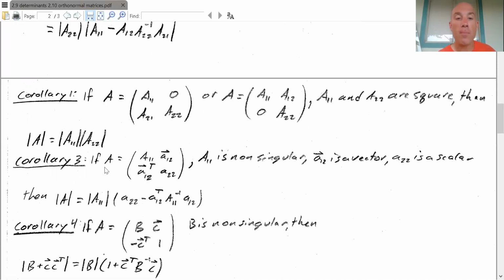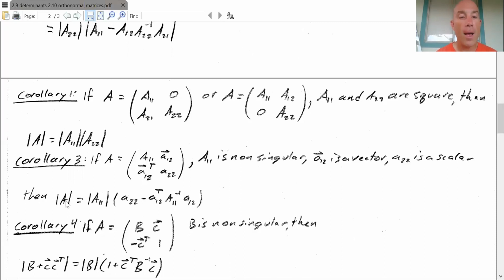Another corollary is if I'm in the situation where the block in the lower right-hand corner is a scalar, so it's a 1×1 matrix, that means that here, these two are vectors, and it's going to be the same vector.